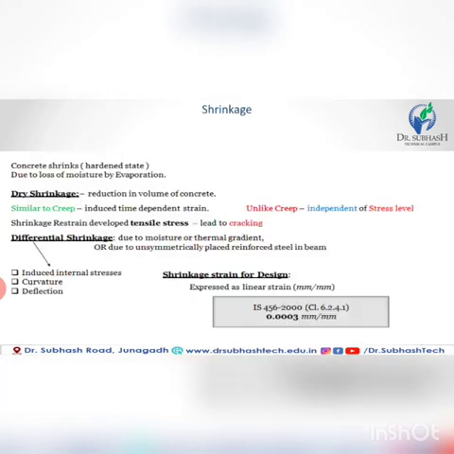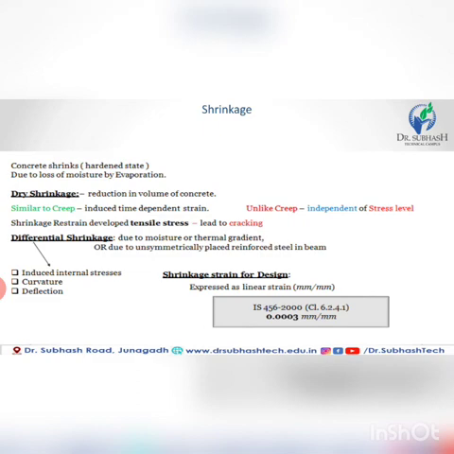Shrinkage. Concrete shrinks in the hardened state due to loss of moisture by evaporation. Dry shrinkage is the reduction in volume of concrete, similar to creep, a time dependent strain. Unlike creep, it is independent of stress level. Shrinkage resistance develops tensile stress leading to cracks.